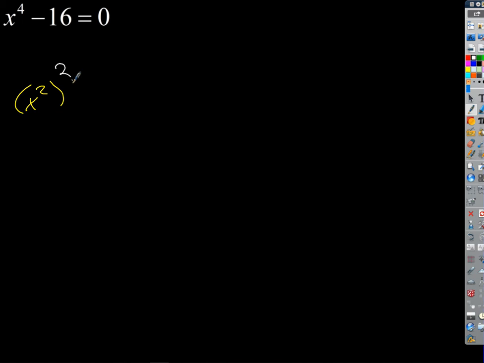I can think of that as being an a squared if a is x squared, right? What do I do with the 16? That's just 4 squared. No big deal. So our first pattern is a difference of squares. What's that give us? X squared plus 4 times x squared minus 4, or x squared minus 4 times x squared plus 4.